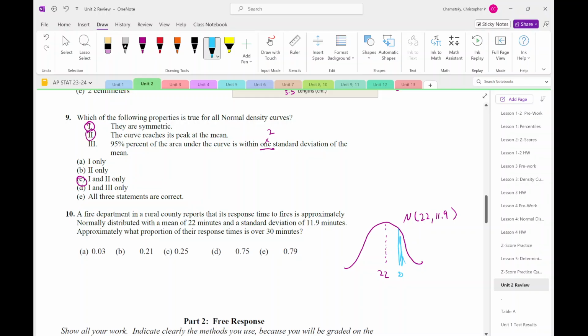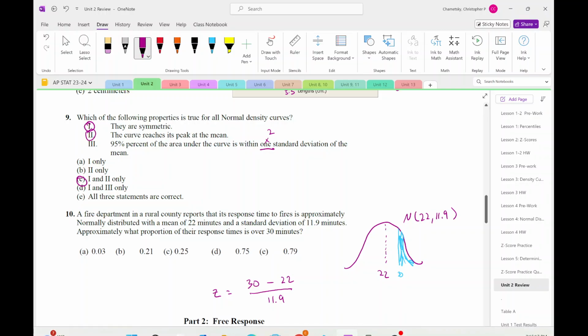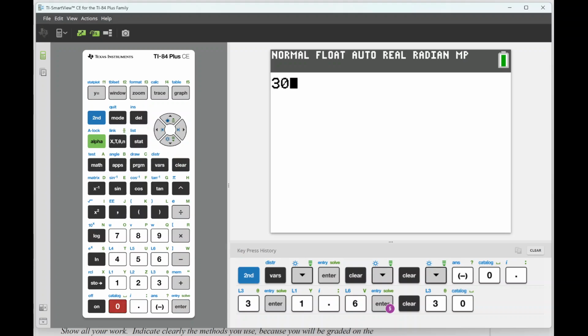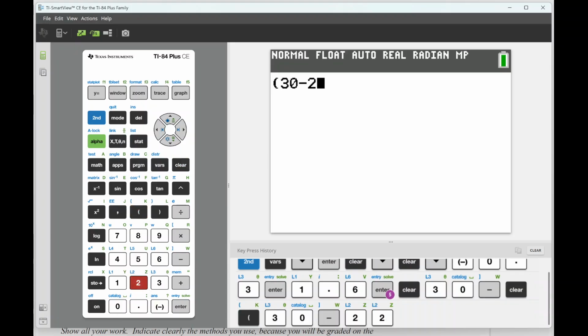Okay. So first thing I want to do is figure out what the z-score is for that. So z equals your score minus your mean, divided by the standard deviation. So 30 minus 22 divided by 11.9.